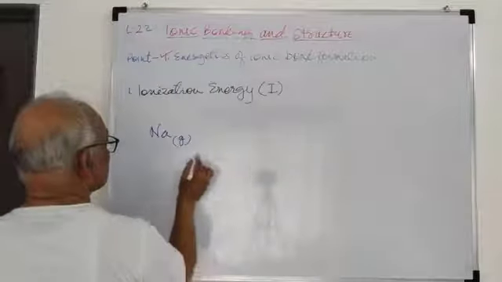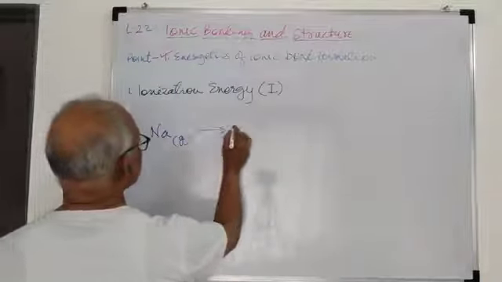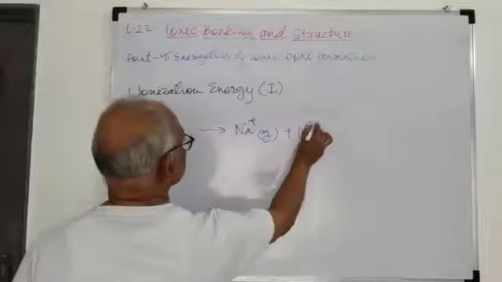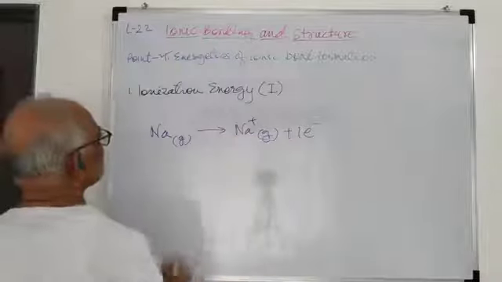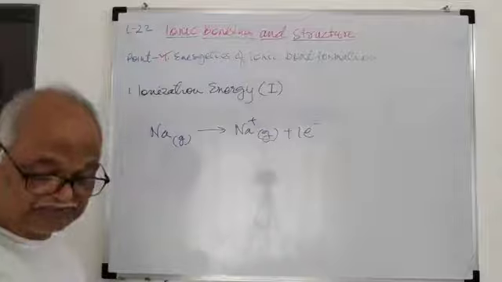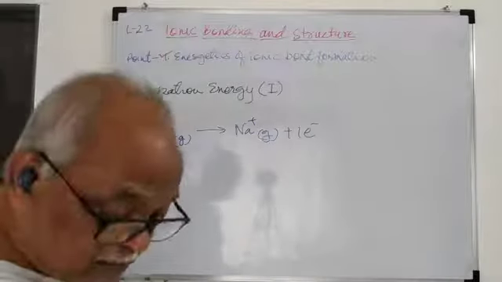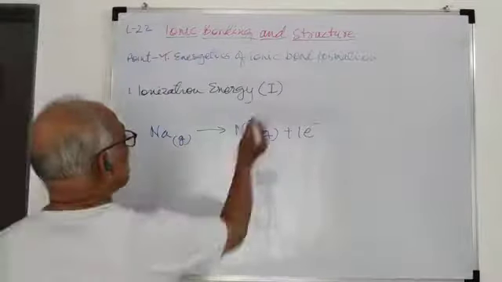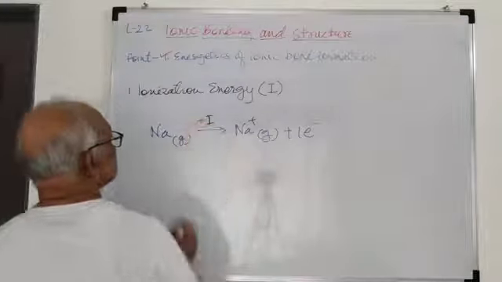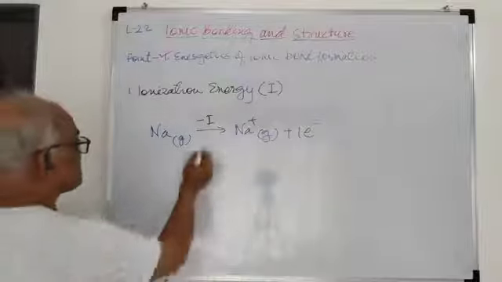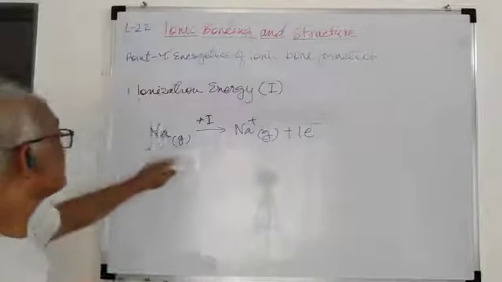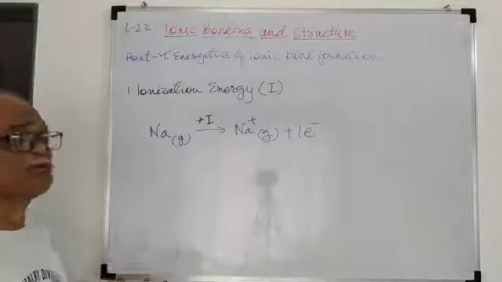When it comes in gaseous state, it shows loss of one electron and is converted into Na+, that is monopositive cation. During this process, the ionization energy I has a positive sign, because energy is required for removal of the outermost electron from this species.